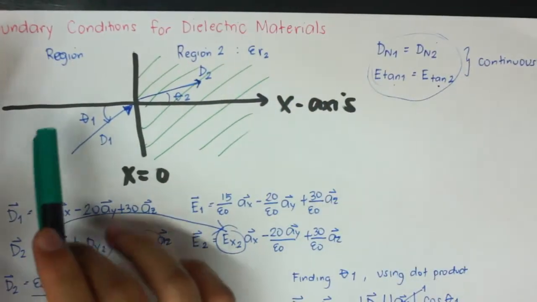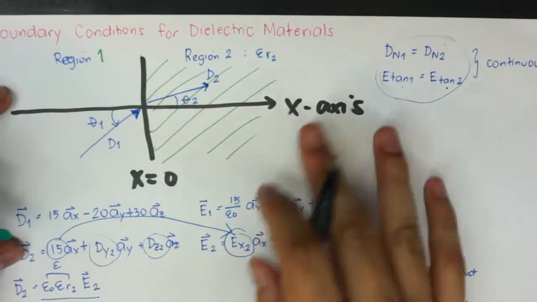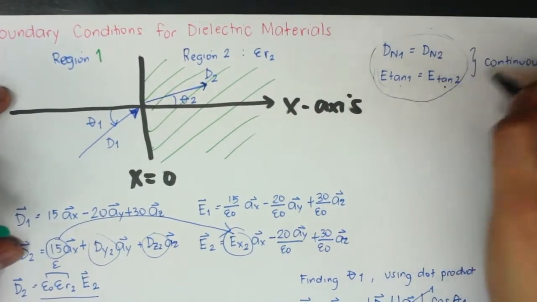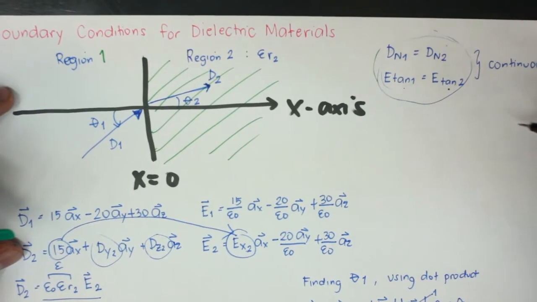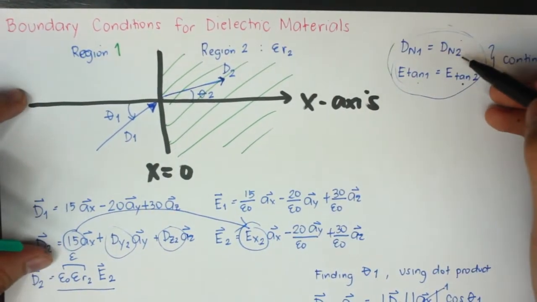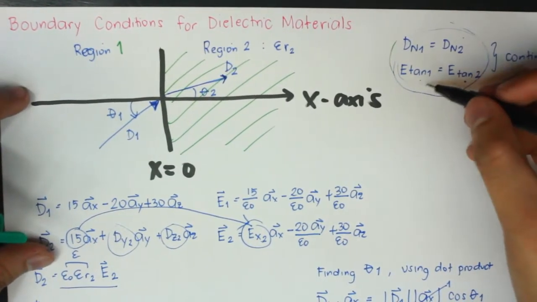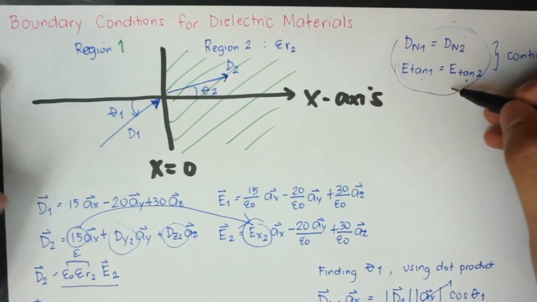So, kahit magdagdag pa ako ng mga regions, basta at boundary conditions, ganito yung conditions. Dapat continuous yung normal component ng electric flux density, then continuous din yung tangential component ng electric fields.